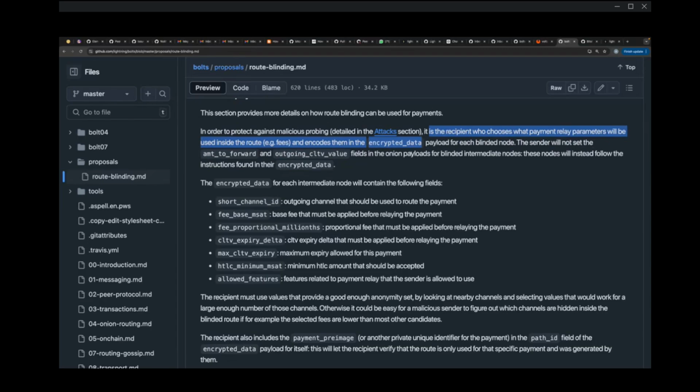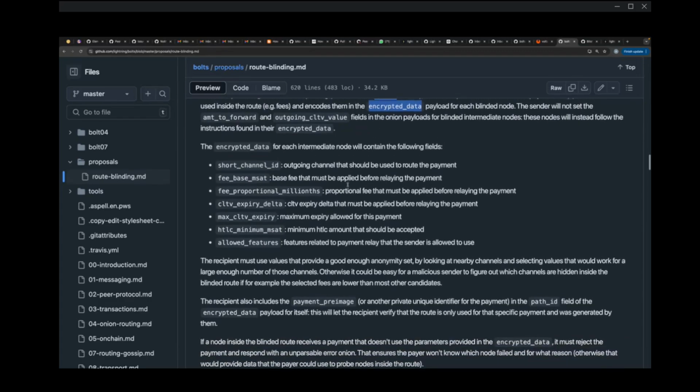Obviously, for each blinded node, the encrypted data would be generated by the vendor. Anyone else on the network wouldn't know what's inside this encrypted data. So this one talks about the data that the vendor inscribes inside the encrypted data field.